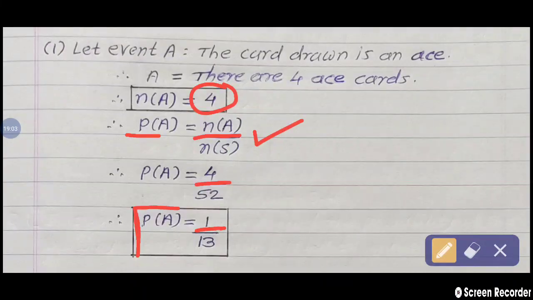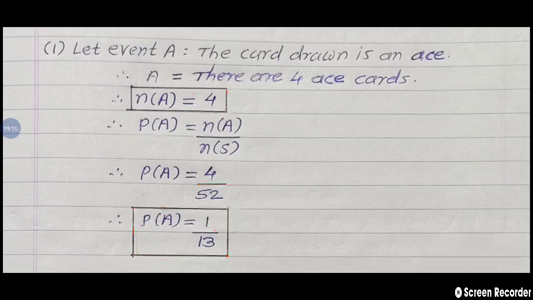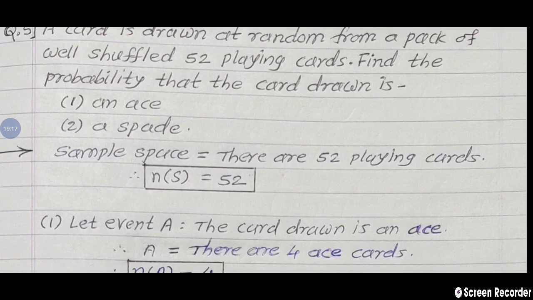So probability of this first event related to an ace card is equal to 1 upon 13, the final answer. All of you understood?